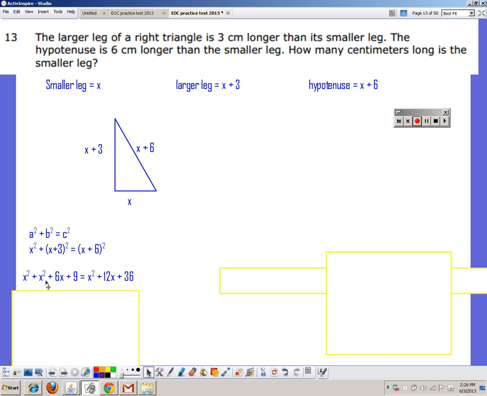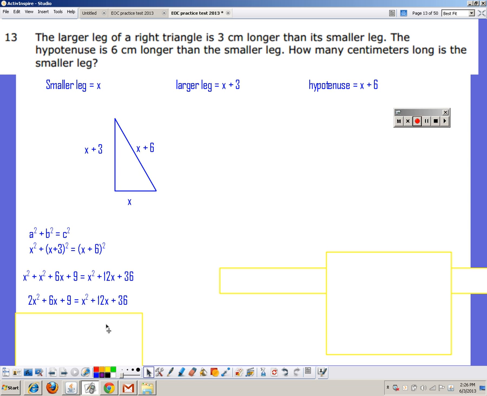So we have x squared plus 6x plus 9 equals x squared plus 12x plus 36. We combine like terms on the left-hand side. X squared plus x squared is 2x squared plus 6x plus 9 equals x squared plus 12x plus 36.